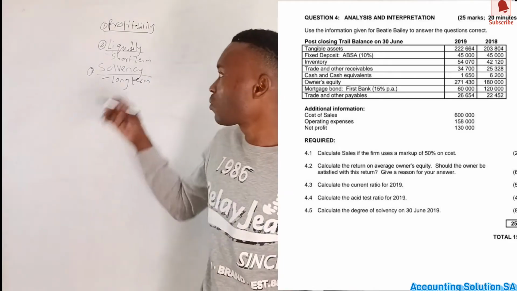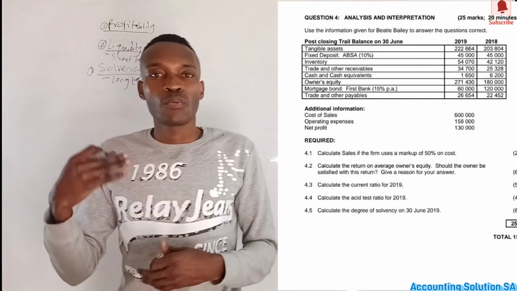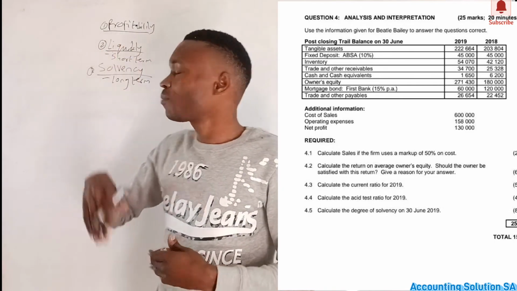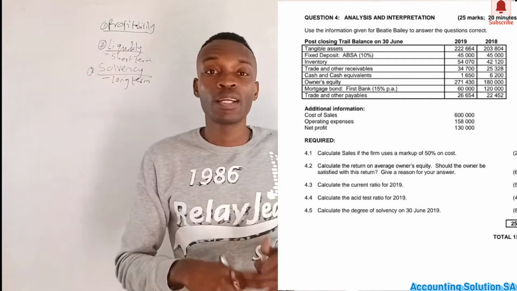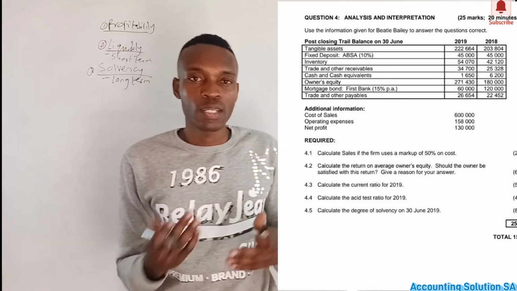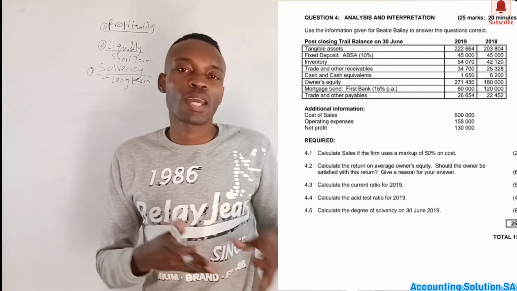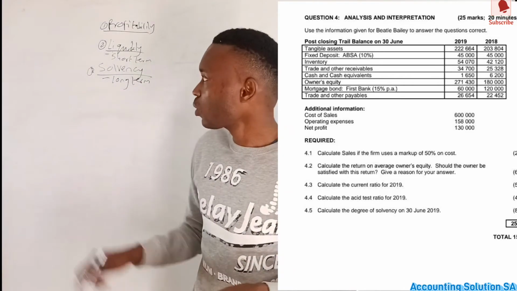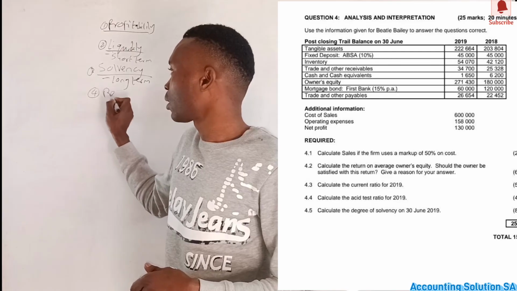Simply means that when we deal with solvency, we want to see if we're going to be able to pay long-term liabilities. Liquidity is about whether you will be able to pay short-term liabilities, which means that for each and every calculation that you are going to make, you must be able to comment whether the company will be able to pay or not.